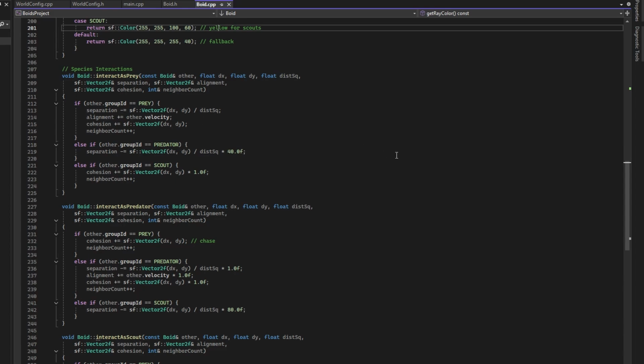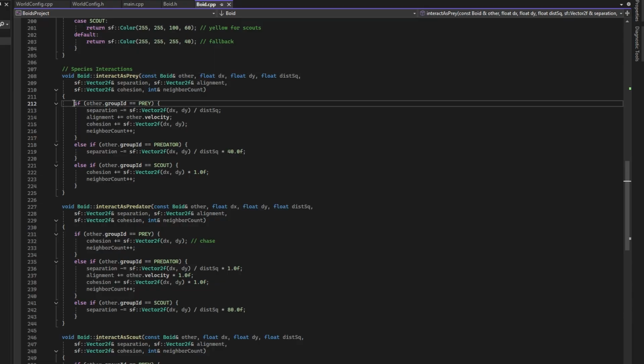So this is the prey's interaction, and in the simulation where it was prey and prey, like it was only the greens, this is just standard Boids simulation.